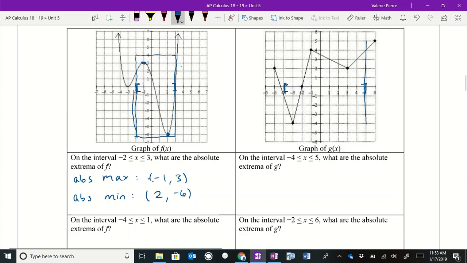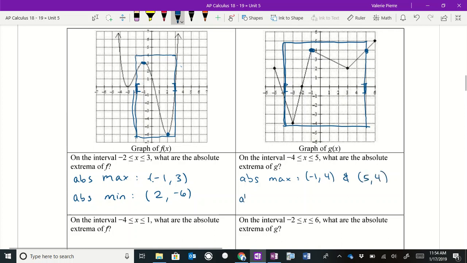So again, if I box in every part of the graph on that interval, the absolute max occurs at 2 places, here and here, which are (-1, 4) and (5, 4).